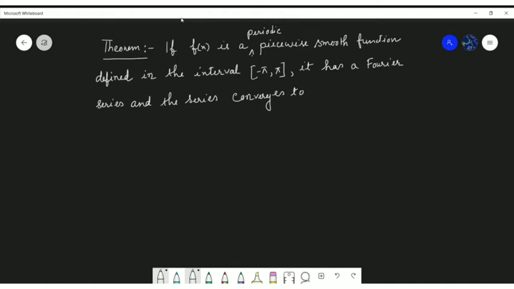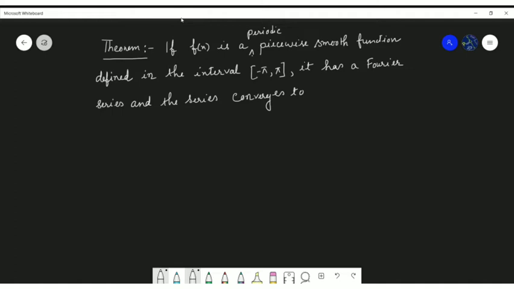So remember, it is not necessary that it will always be given from minus pi to pi. Here I am taking the variable as an angle, therefore I am mentioning this interval. So it can be from minus L to L also, or it can be from 0 to twice L, from 0 to twice pi, that way also. Okay, so it has a Fourier series.